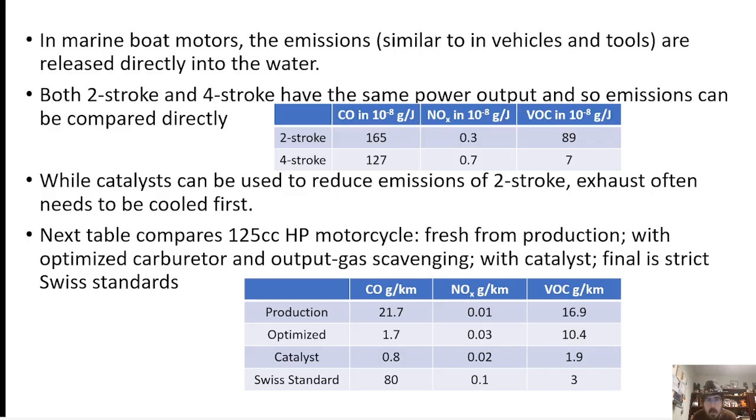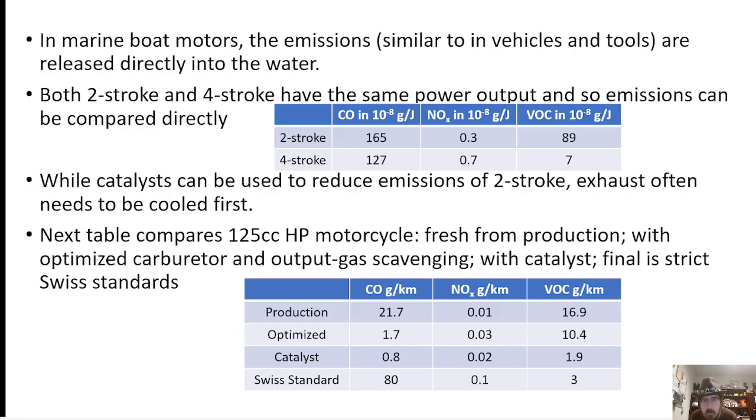If you look at straight from the factory, it's already under the carbon monoxide allowed. It's already below the NOx, but the VOCs are way higher. It's almost 17 when it needs to be 3.